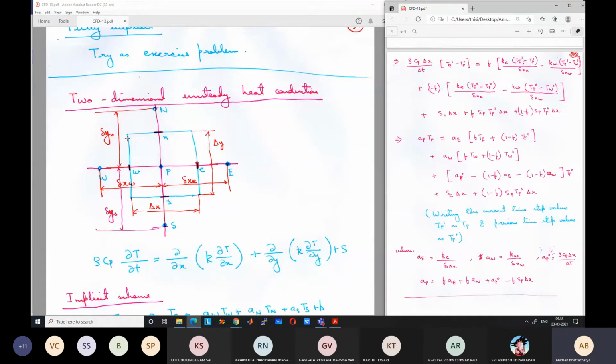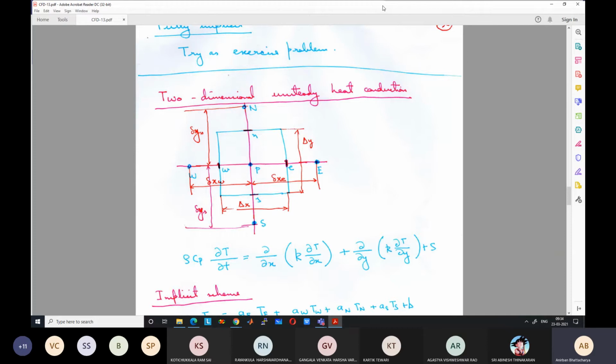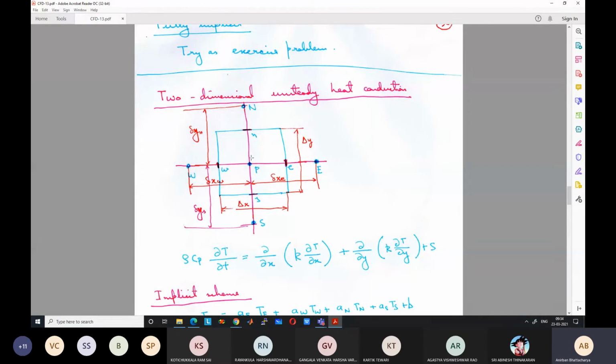This control volume now extends from small w on the west side to small e on the east side, and small s on the south side to small n on the north side. Our neighboring points are the east point capital E, west point capital W, north point capital N, and south point capital S.